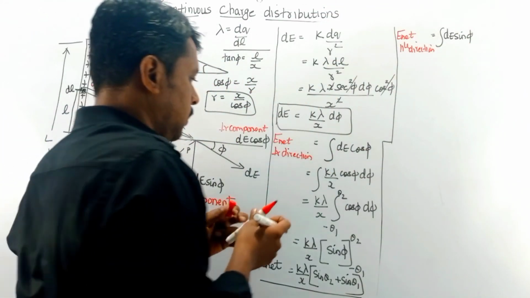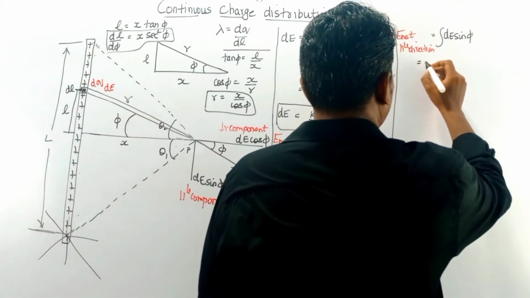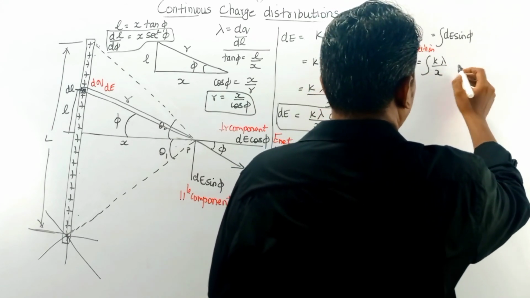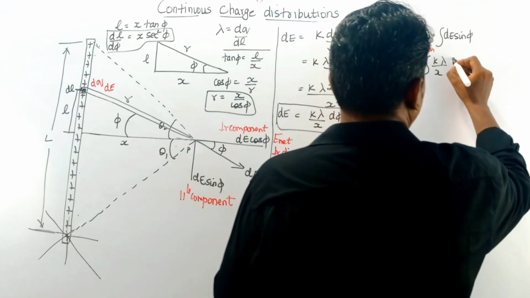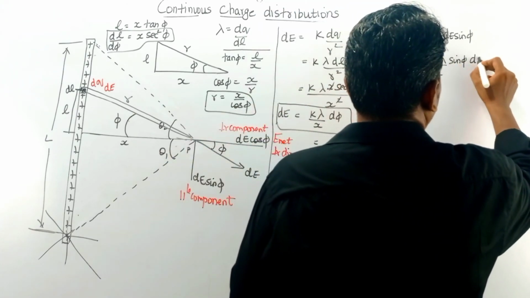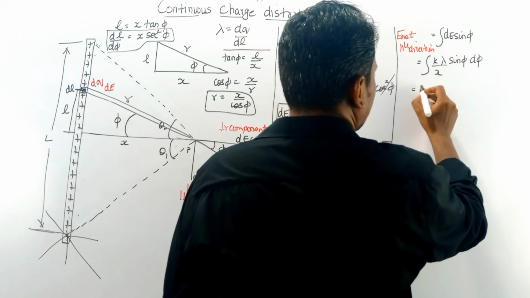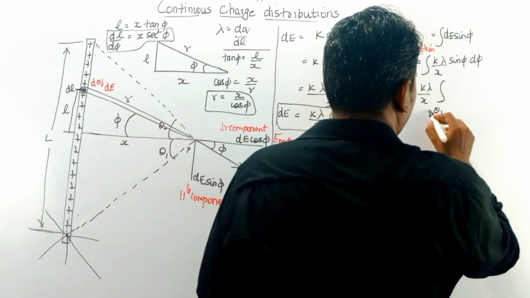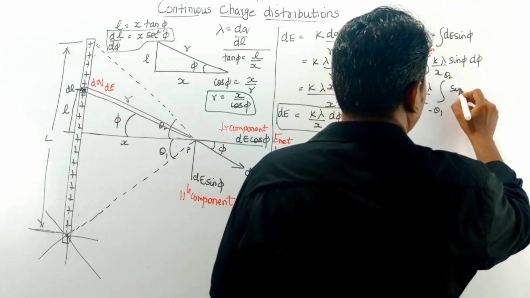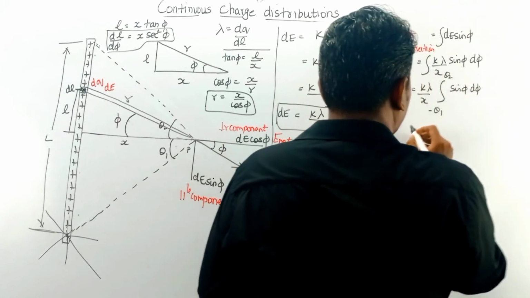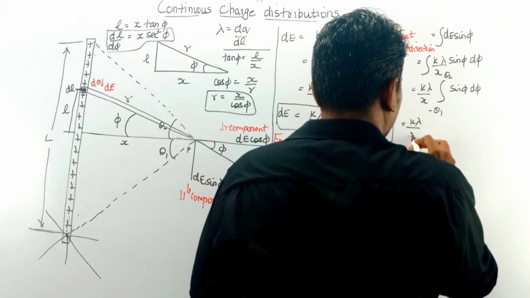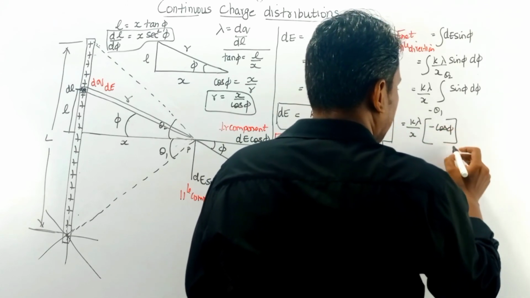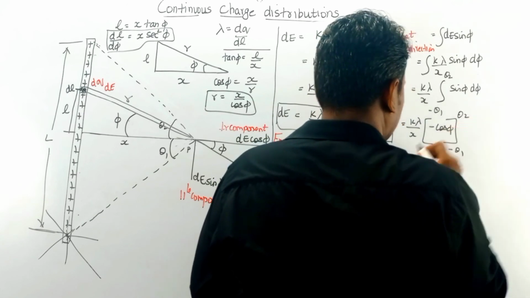So it could be written as the integration of k lambda by x, sin phi d phi, from minus theta 1 to theta 2.